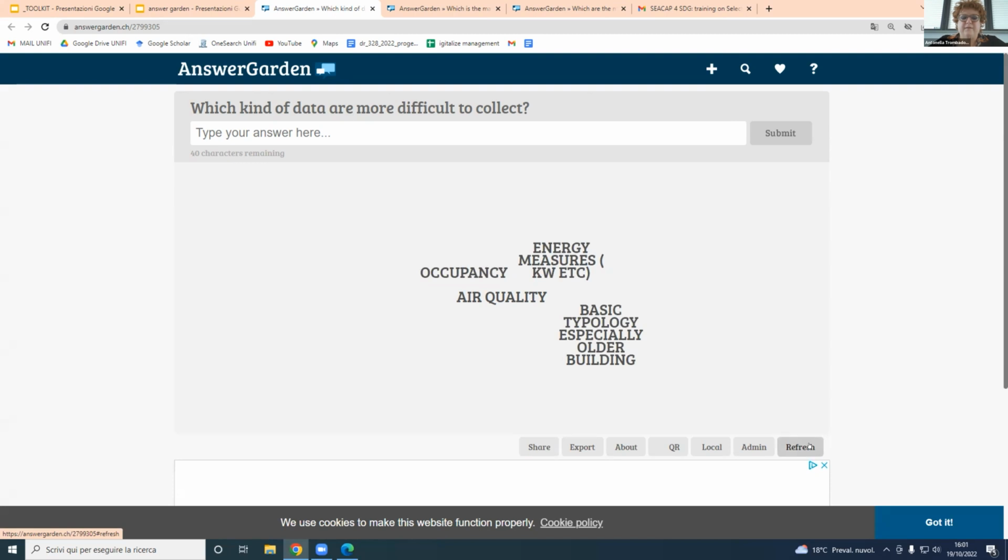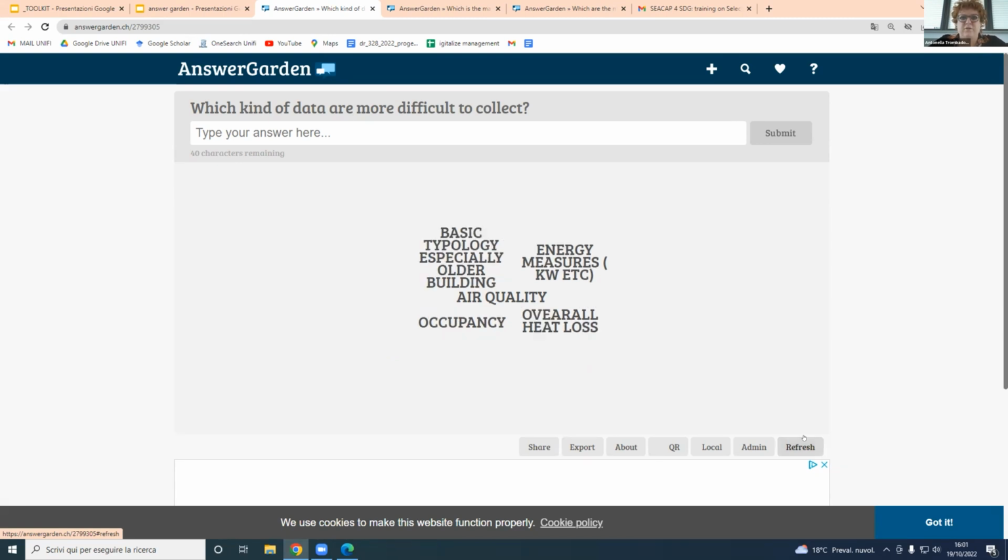And another aspect for the existing public building is related to the performance data of the building, because generally it's not easy to carry on a monitoring or an evaluation of the envelope, to understand the layers of the envelope or the material of construction.